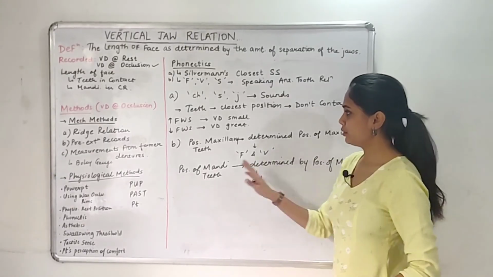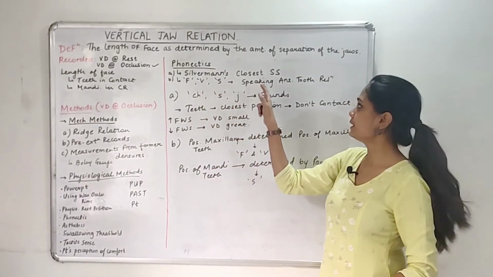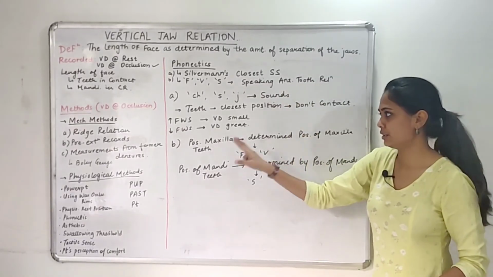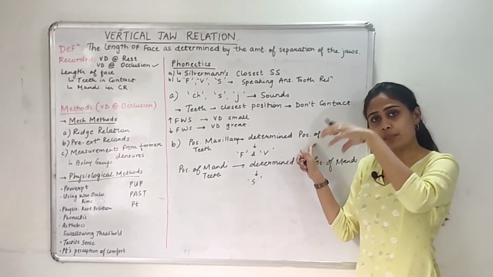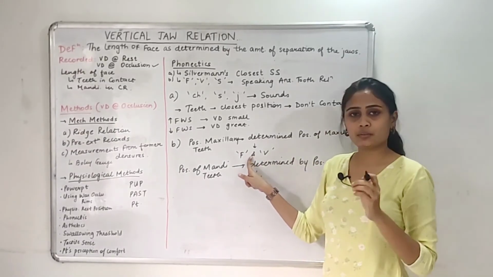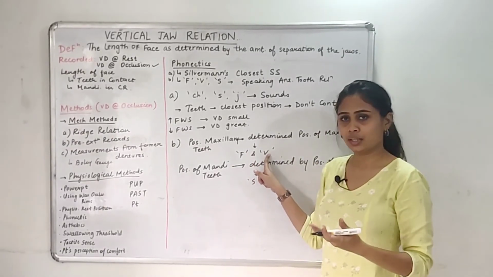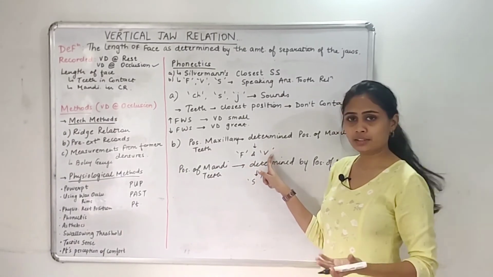So in the F, V and S speaking anterior tooth relation, the position of the maxillary teeth will be determined by the position of the maxilla itself when you say words with F and V, like 50 or Valium.